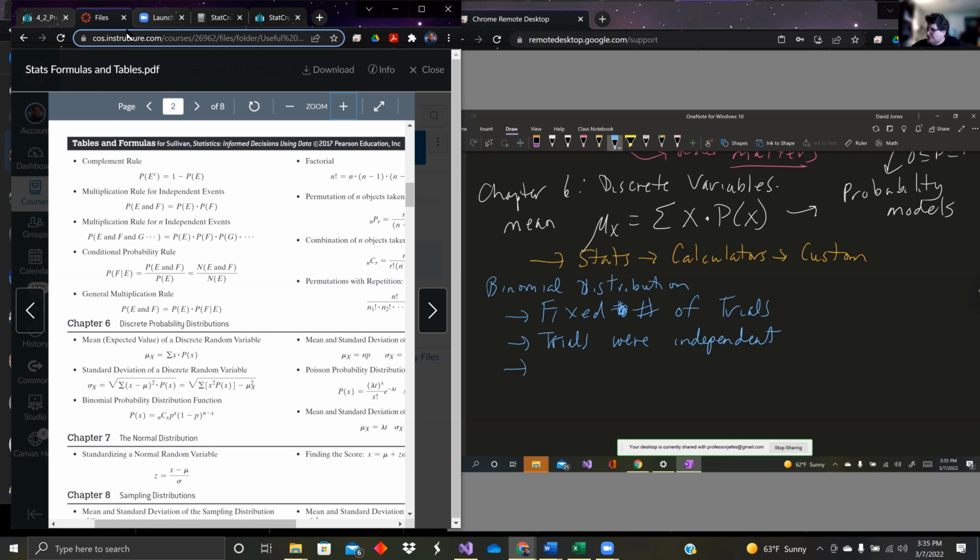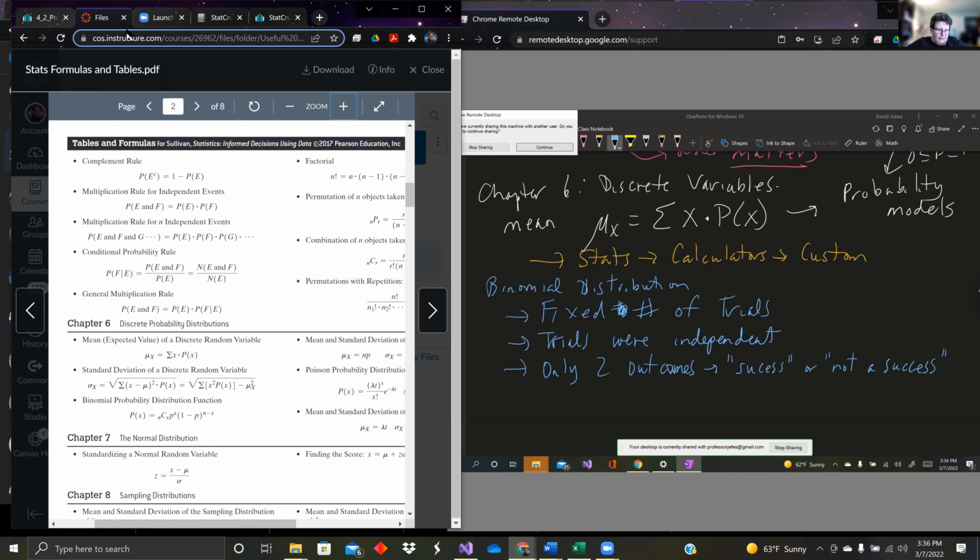There could only be 2 outcomes, and we tend to call them success or not a success. And remember, depending on who you are, success might be something grim, like, I don't know, the life insurance policy. Point is, success or not depends on which side you're looking at.